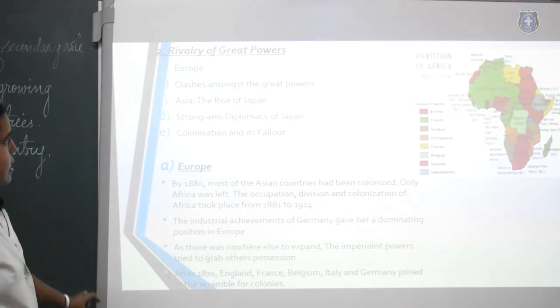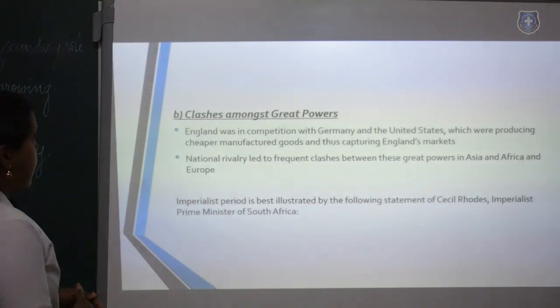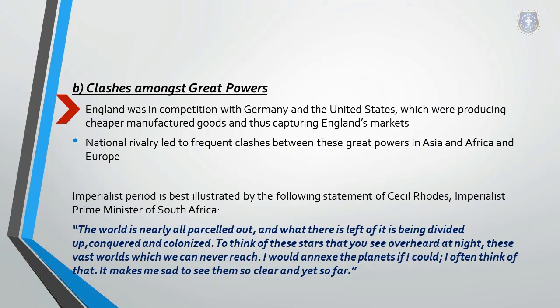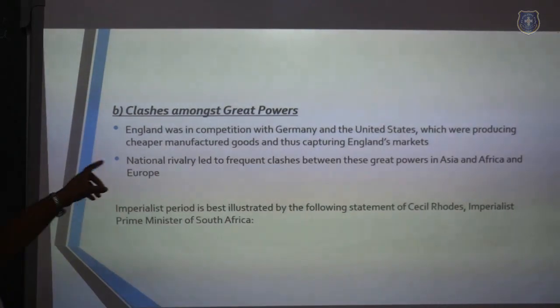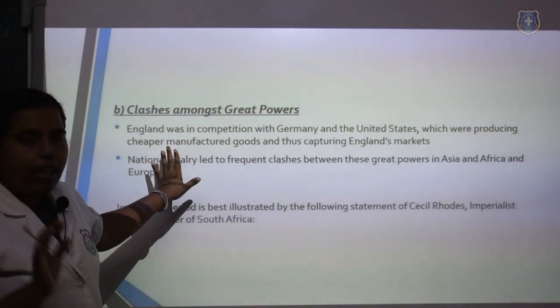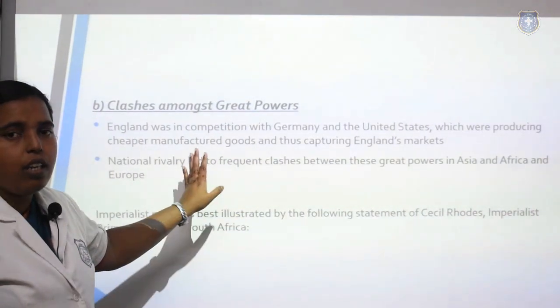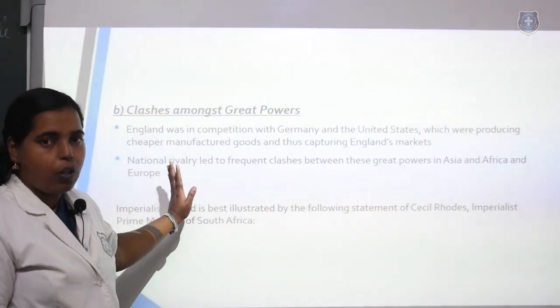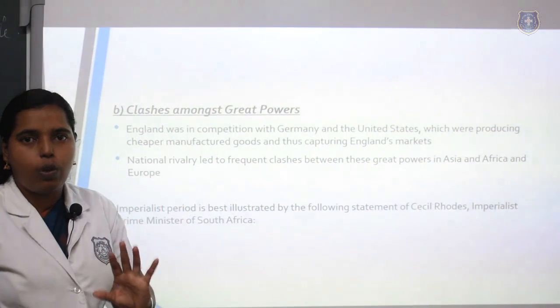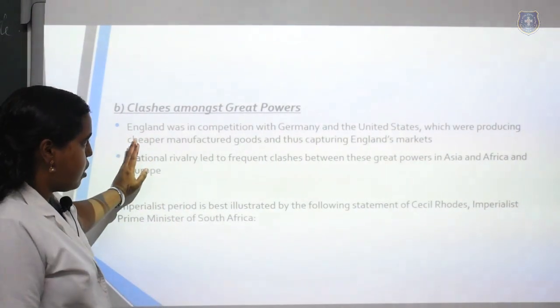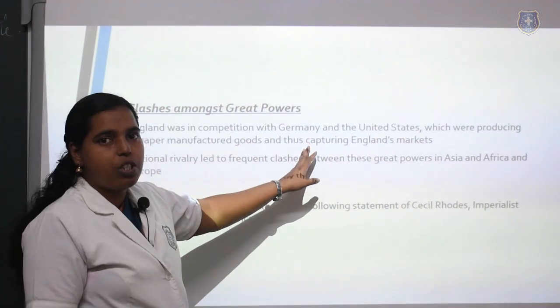The next thing is clashes amongst great powers. England was in competition, as I already said, with Germany and the United States, which were producing cheaper manufactured goods. In Europe, Germany was against England. England was a nation of colonialism, and it was in clash with Germany.